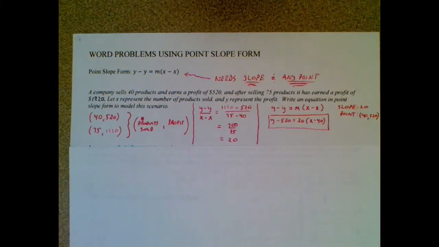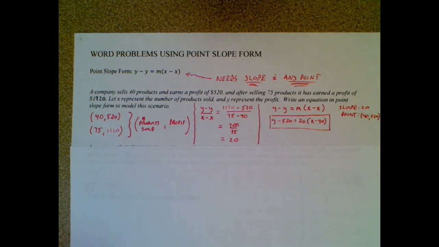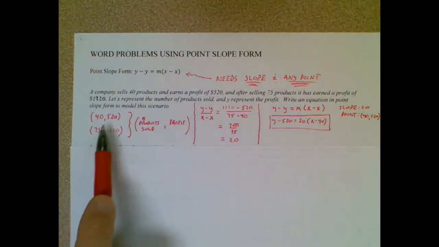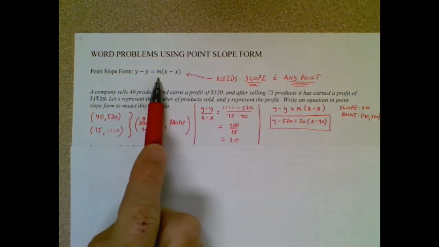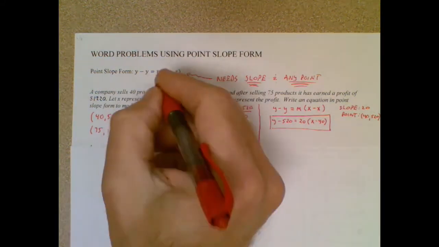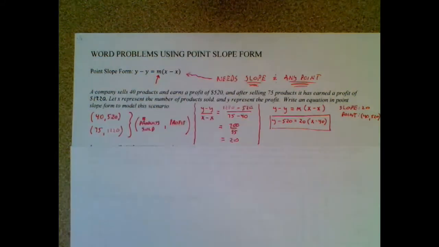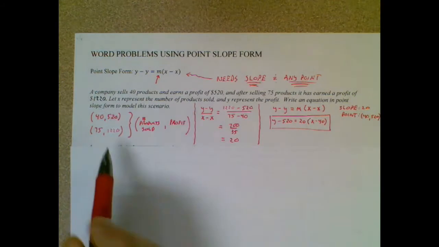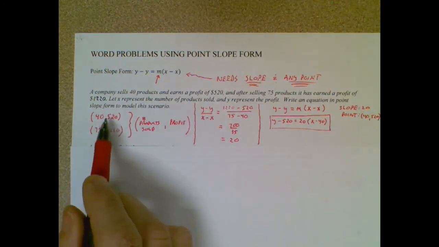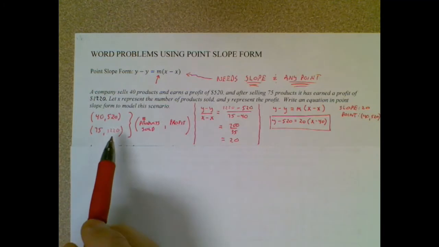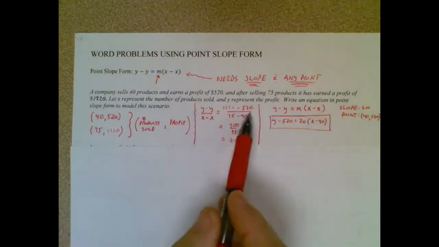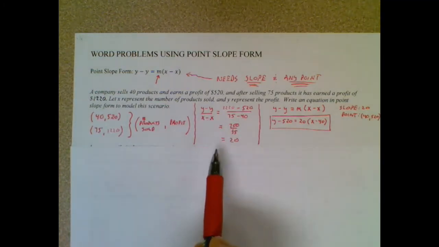So this next part looks like a lot of writing, probably because it is, but once I have my two ordered pairs, 40 comma 520 and 75 comma 1,220, I can make this equation. Remember, this equation needs a slope and it needs a point. I can use either one of these points, but I do need a slope. So I have to do a version of y minus y over x minus x, and that's what you see happening over here.